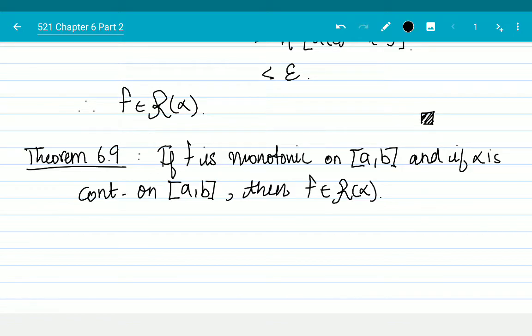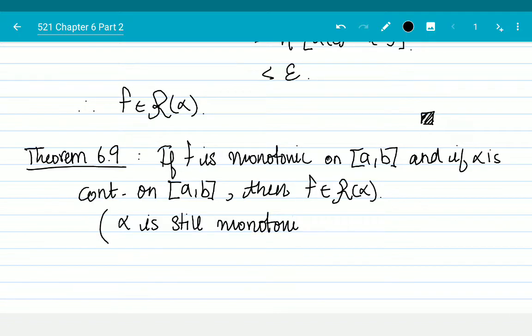Note there was an implicit assumption on alpha every single time: that alpha is monotonic. Whenever I'm defining Stieltjes integrals, alpha is assumed to be monotonic.